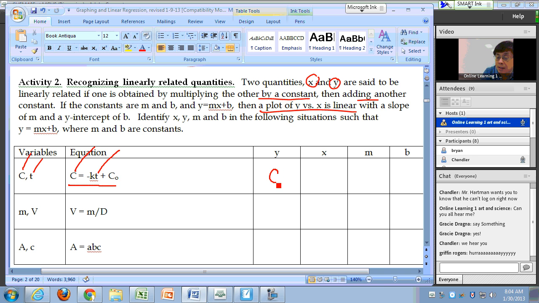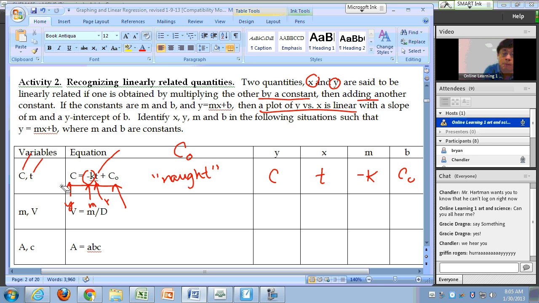So if my y is C and my x is time, T, you can see that I can get C by multiplying T by negative k. So the slope I expect to see would be negative k. So I can identify C as my y, T as my x, negative k as my m. Here I can also identify C0, or C naught. Usually when you have a subscript 0, you say naught. So C naught is C sub 0. And C naught is going to be my y-intercept. Okay?